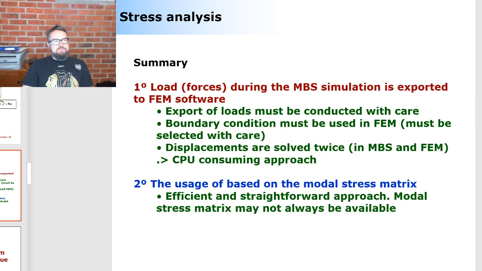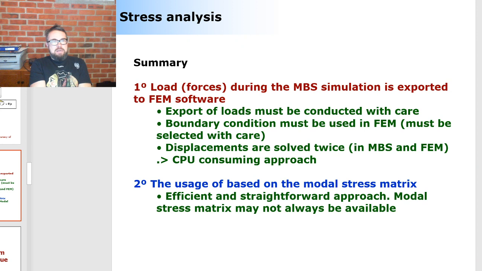So here's the summary. We can use the first approach, which is very coarse, but still usable. In that first approach, we take the forces from the multibody code, we put these into a finite element code, and in the finite element code we compute the deformation, and once we have a deformation, then we can get an estimation of strains and stresses.